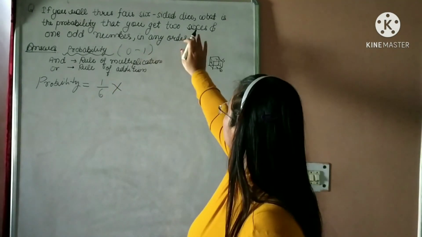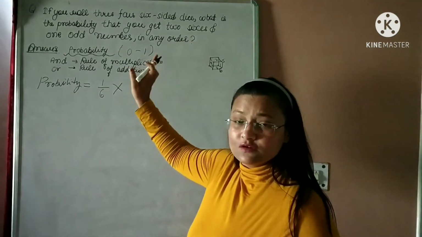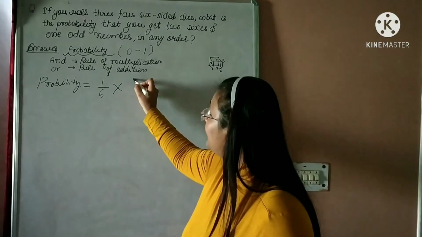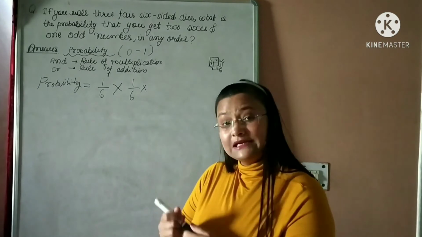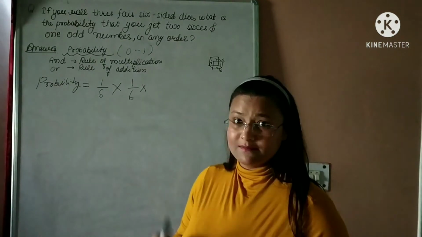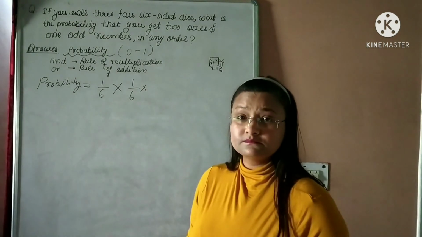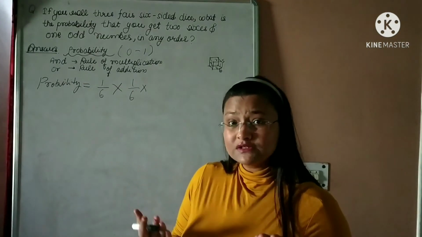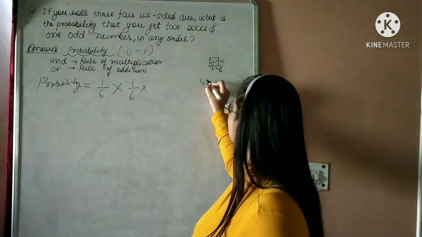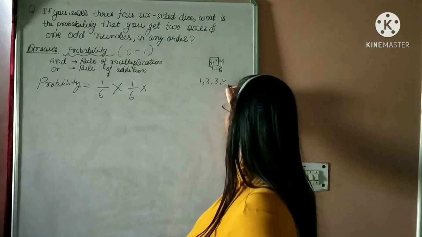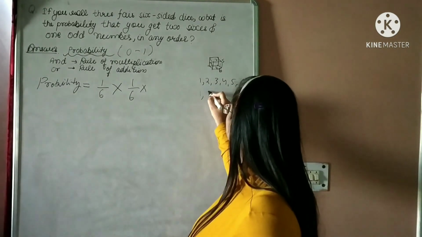Since we have to use the rule of multiplication, we will multiply. In the second dice also we want a 6, so it will also be 1 by 6. Now, in the third dice, they are saying we should get an odd number. Out of the numbers 1, 2, 3, 4, 5, 6, the odd numbers are 1, 3 and 5.